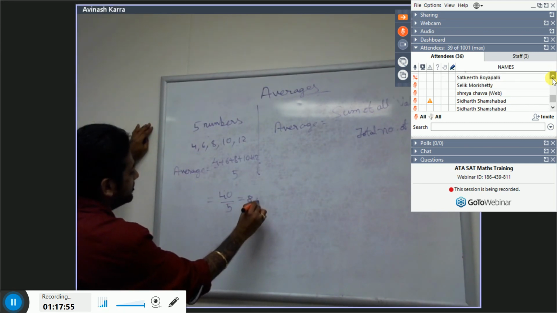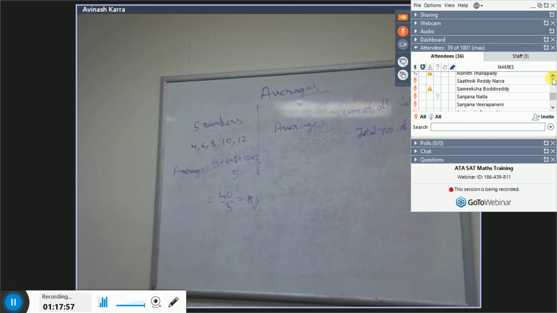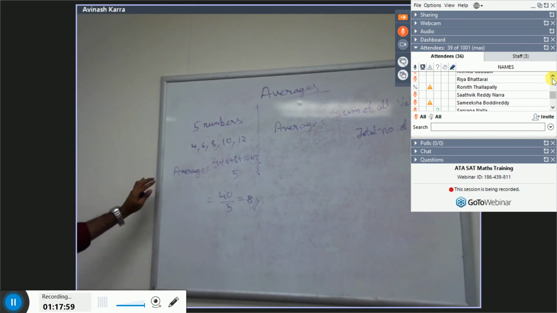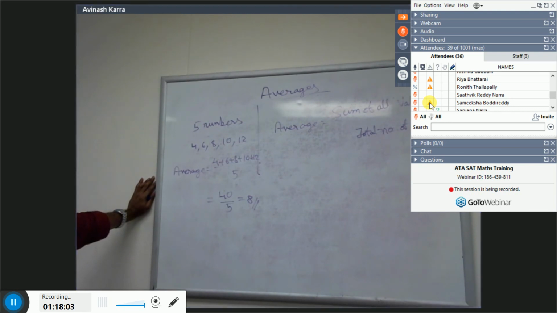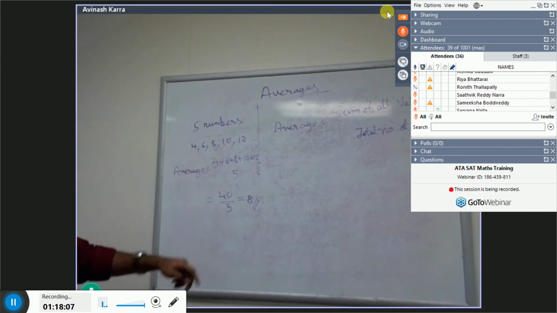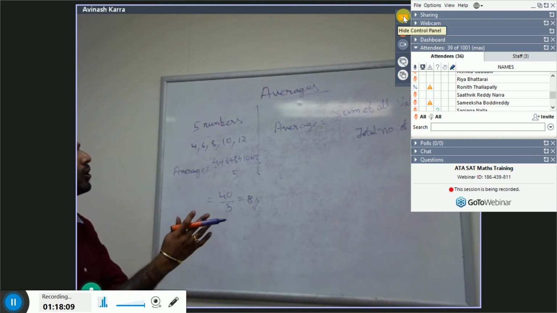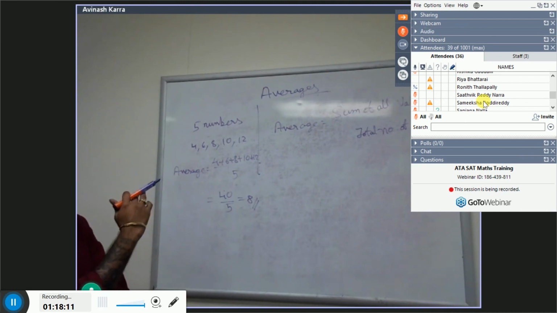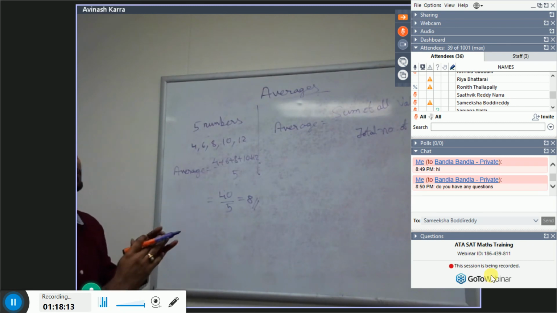So average is 8. The average of the sequence is 8. What is average? Sum of all the values in the sequence by the number of values in the sequence.